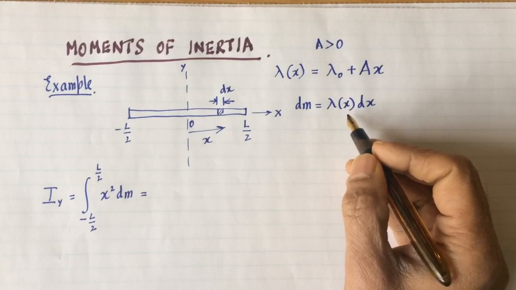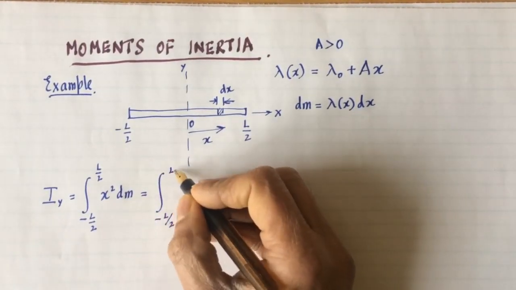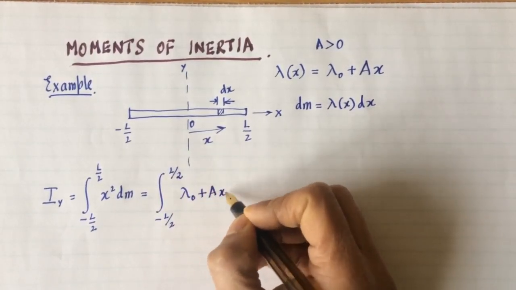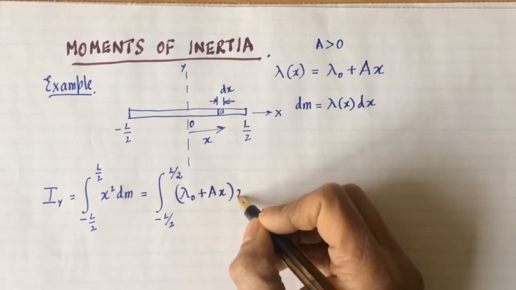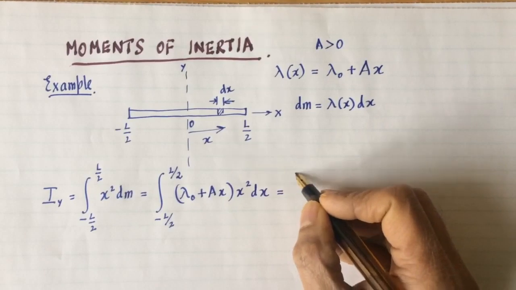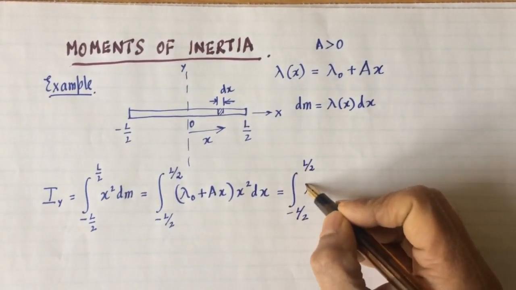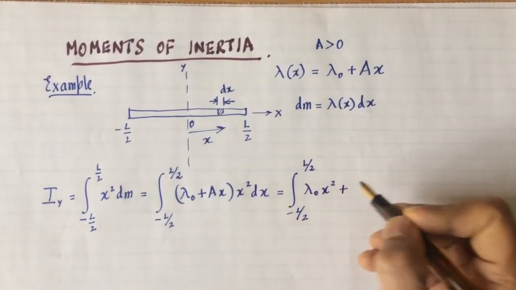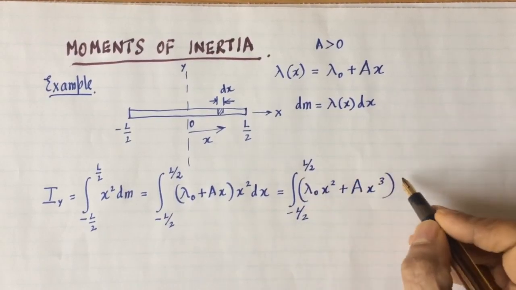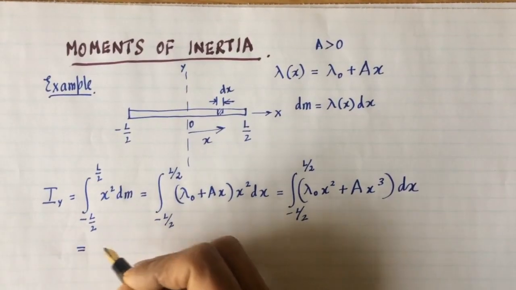And now I'm going to substitute for dm. Multiply through. At this point you can integrate term by term.